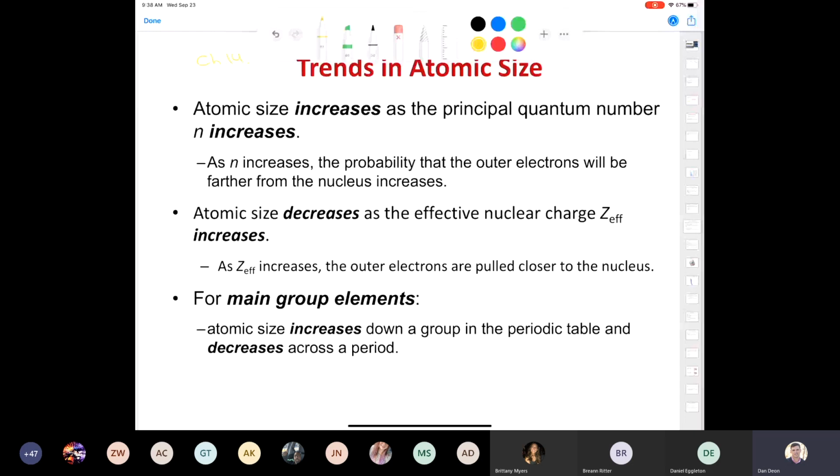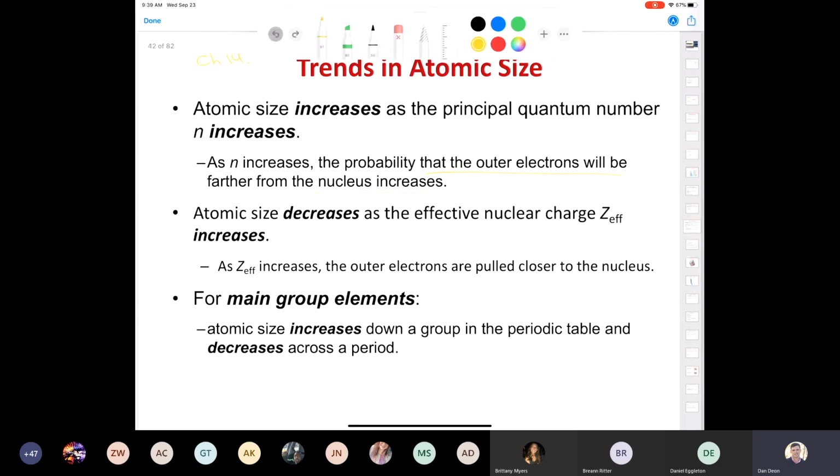As that n increases, the size of the orbital is going to get bigger and bigger. As the n increases, the probability that the outer electrons will be further from the nucleus increases. And so as we go down a group, the atomic size is going to get bigger and bigger.